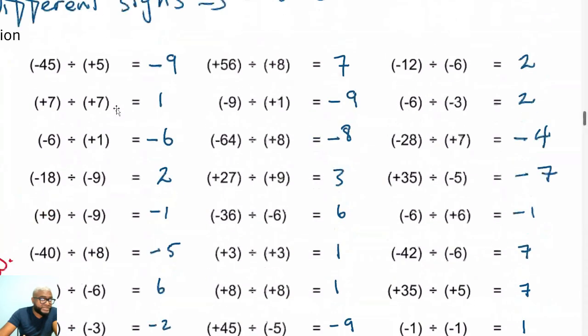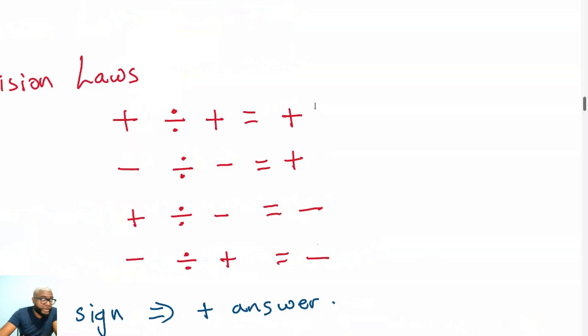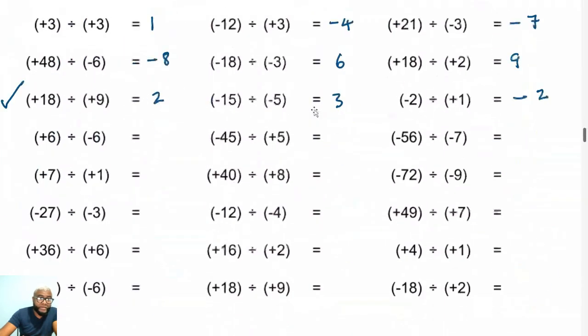We talk about a positive divided by a negative will give you a, look it up here, bro. What is your error? A positive divided by a negative will give me a? Negative, sir. Look it right there, bro. Right? It's right there. So this will be negative 1. Next. And then negative 9, sir.